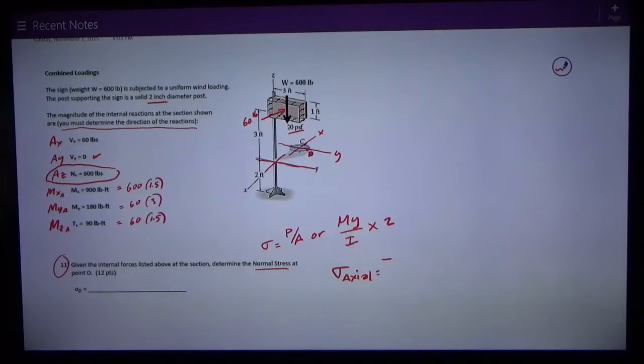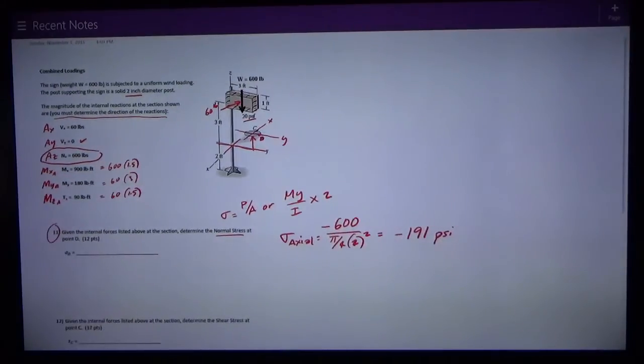If you look at the reaction on that section, it would be up to resist the downward weight of the sign. So it's negative for compression. 600 pounds is the force, and the area of that post is just pi over 4 times 2 squared, the diameter of the post, and this works out to be negative 191 psi.